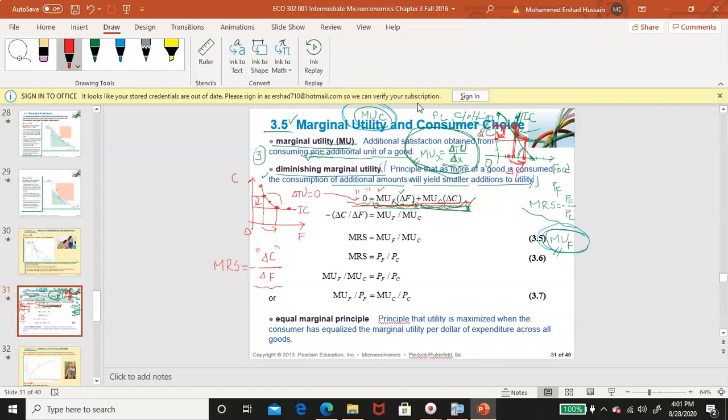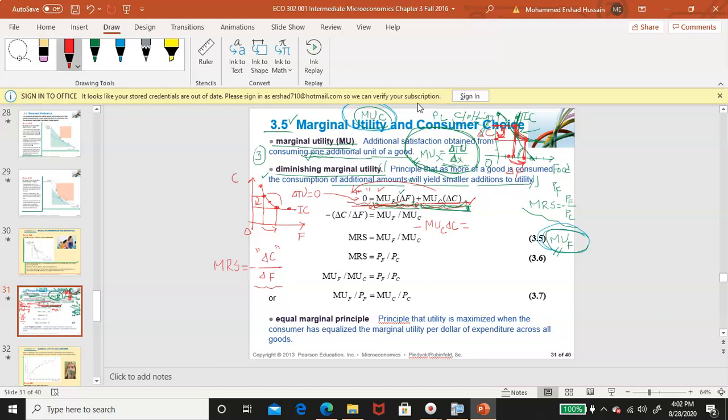Okay, now we understand that this is telling us about an indifference curve. So now what we do is algebra. Simplify: we change sides. All of the marginal utility of C times delta C, we take it on this side. Marginal utility of C, delta C, we took it on the other side, and plus becomes a minus.